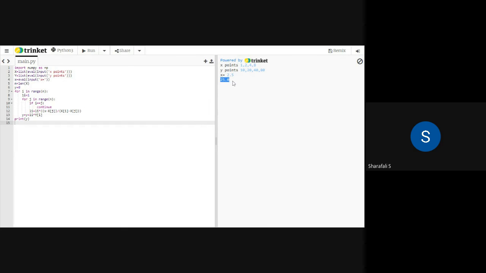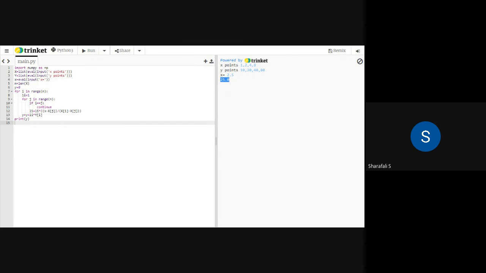So basically, we are connecting those points with a polynomial of different order. That polynomial is nothing but the Lagrangian polynomial, and that will have different orders according to the number of data points that we have. So we are considering the maximum order polynomial.